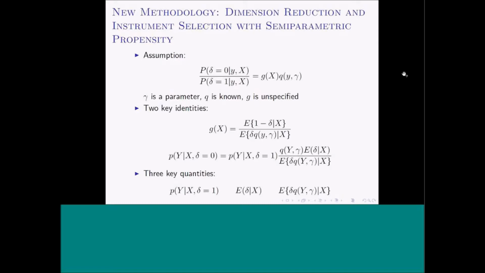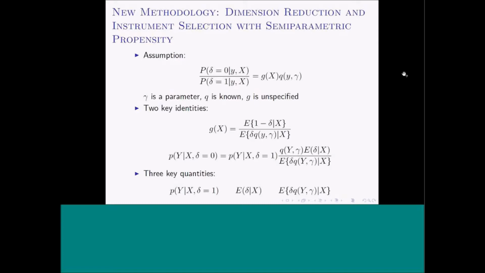And the conditional density of y given x, delta equal to 0, involves four quantities here, but one quantity has no x in it. Only three quantities have x in them, and those are the three quantities in the last line. The quantity without x I don't have to pay attention to. Remember that I'm doing dimension reduction with x, so the one that is only a function of y I don't need to worry about.